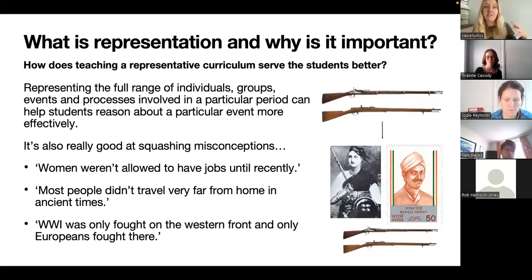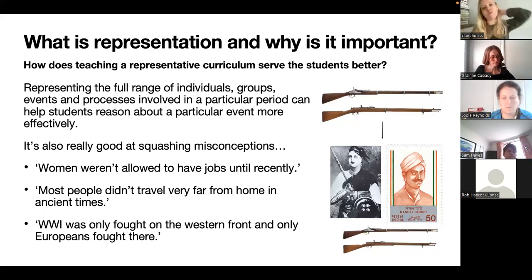And now we are teaching it to them as a conflict where there are front lines in modern day Iraq, front lines in Turkey, front lines in Africa, and the people who are part of the colonies or the colonized world are also engaged actively in this conflict.